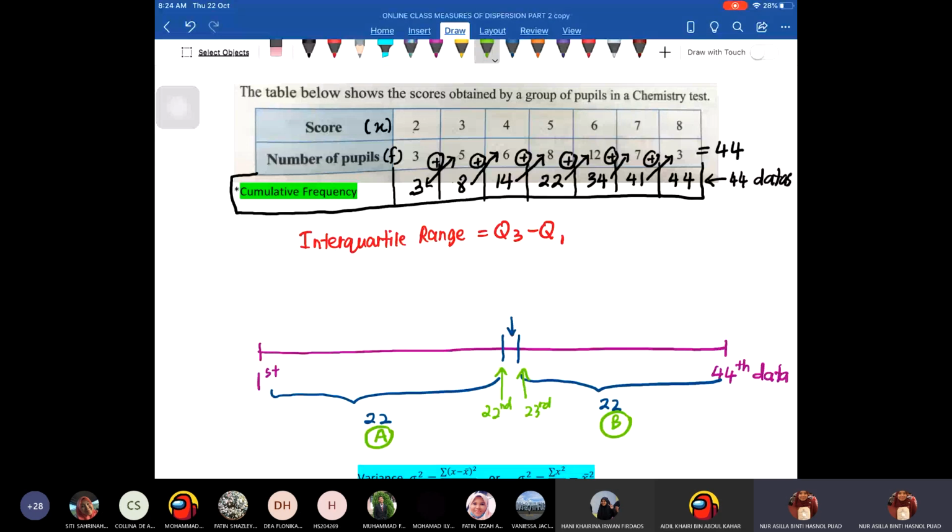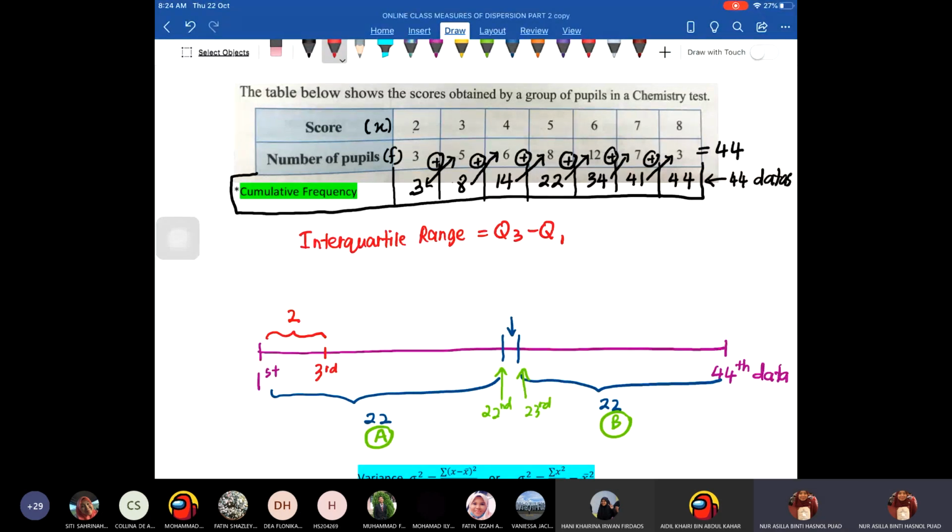Now, senang nak identify. When we have cumulative frequency, the first one says this is the first three data. Okay, so if I write in my table, my line, first until third data, my data is 2.